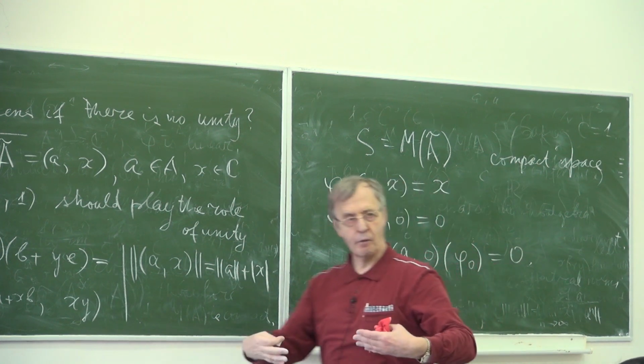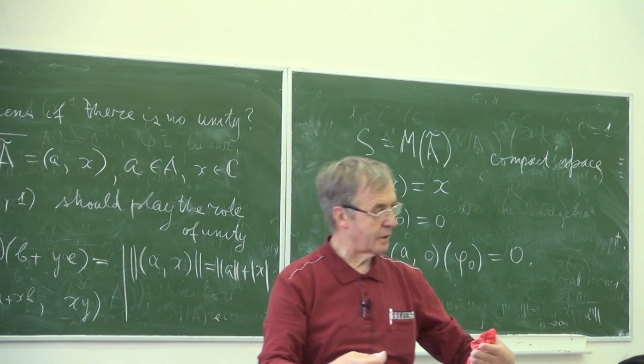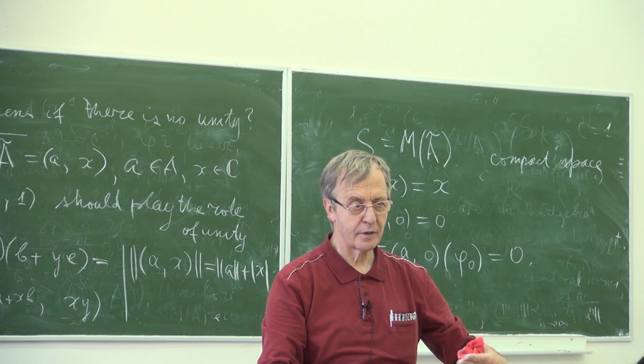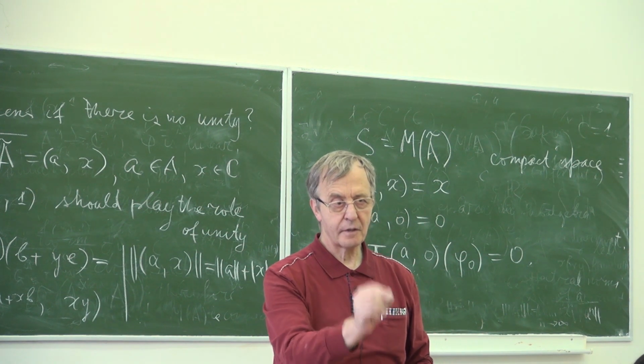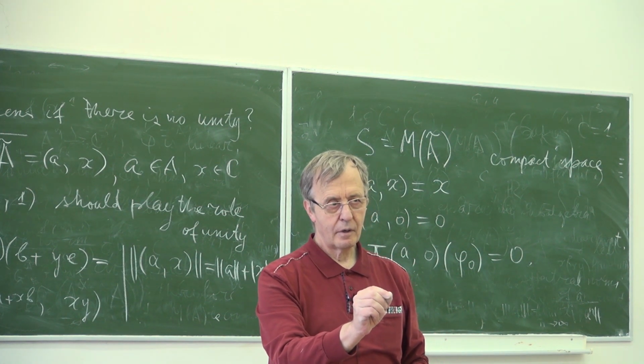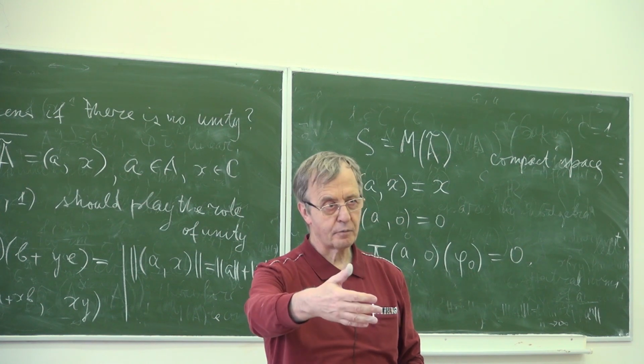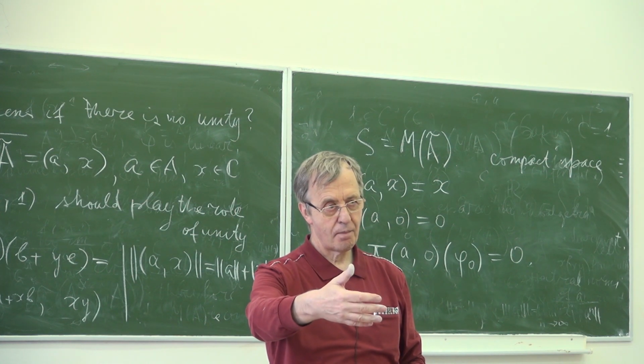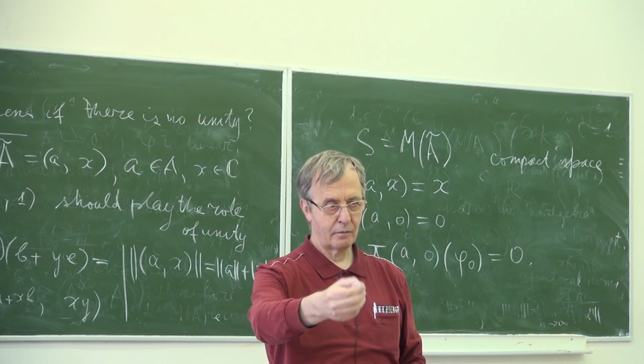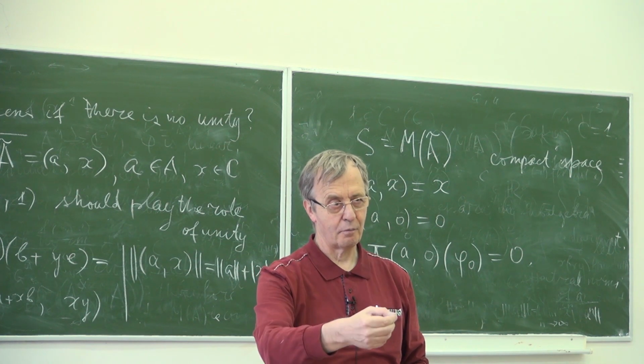So the Gelfand transforms of all elements of the initial algebra A vanish at this distinguished point phi 0. So it is natural to exclude this point from our compact space. Then what remains becomes locally compact.